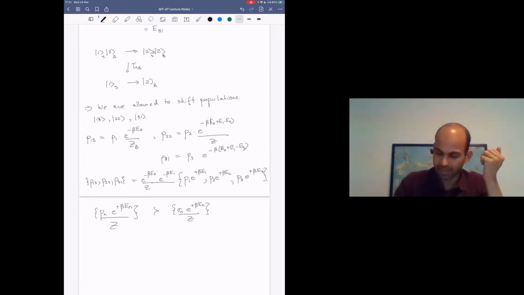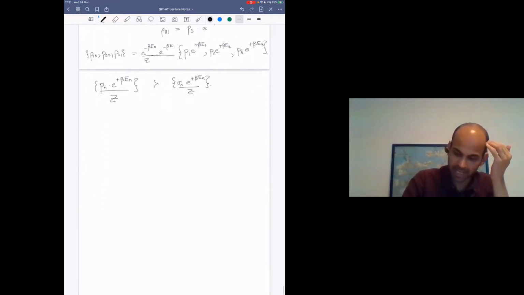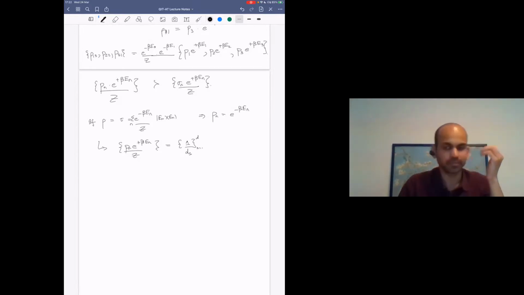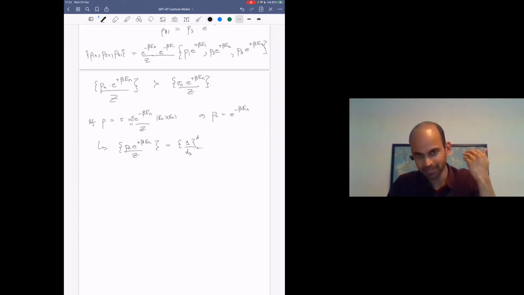And one simple way to do a consistency check is if ρ is equal to τ, which is equal to the sum over e^{-βE_n} upon Z, which would imply that ρ_n is e^{-βE_n} upon Z. Then that would imply that this vector here is just the maximally mixed distribution, 1 over d_s, n equal to 1 to d, which is exactly what we would have understood from majorization.